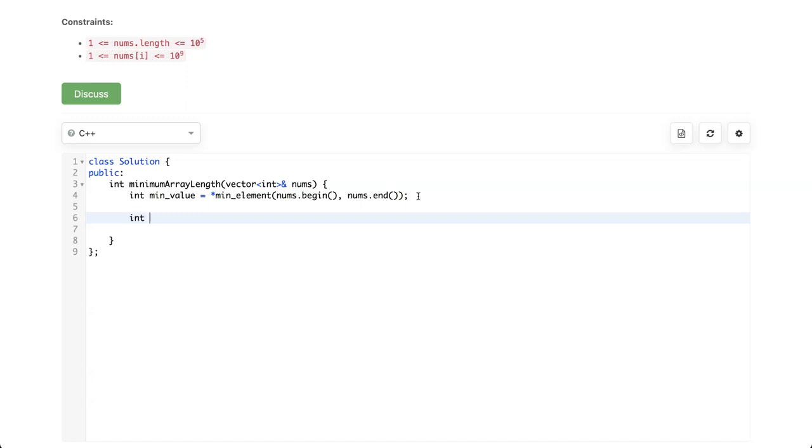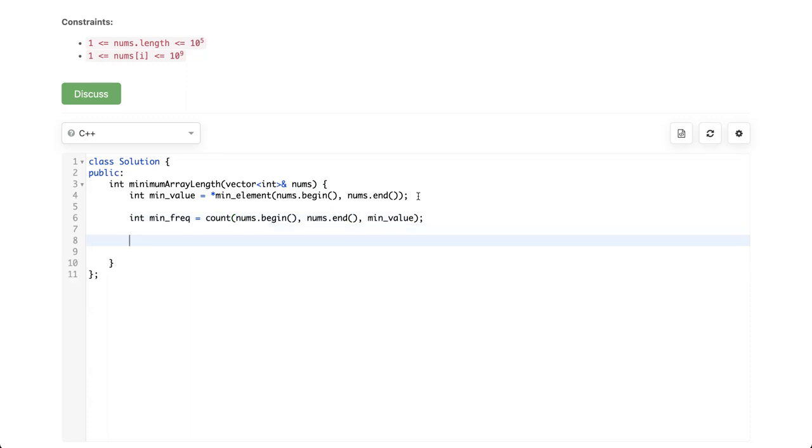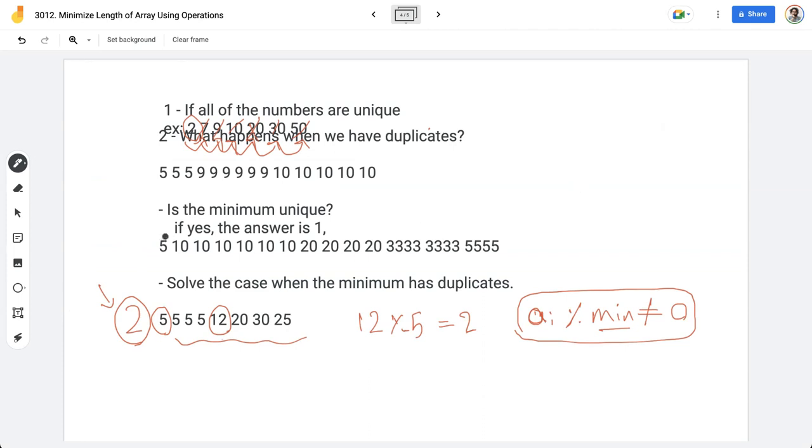And int min_freq is going to be the count of nums.begin, nums.end, and min_value. So if min_freq is 1, return 1.